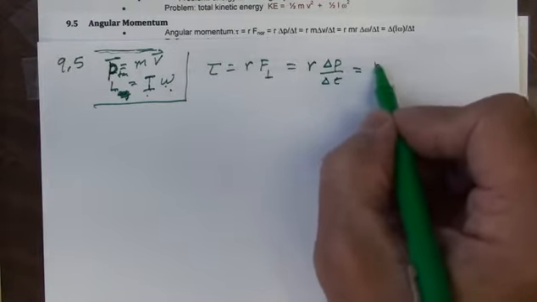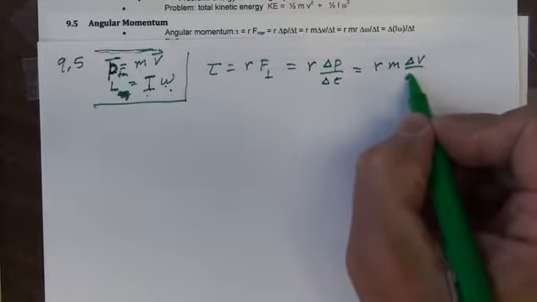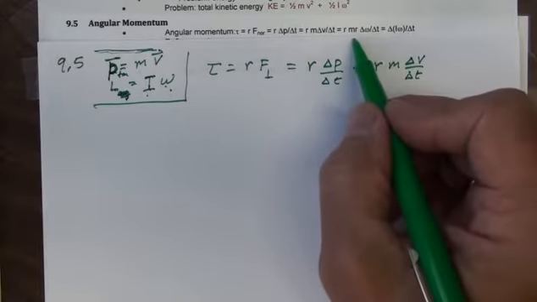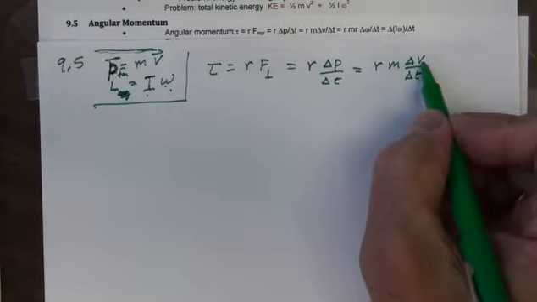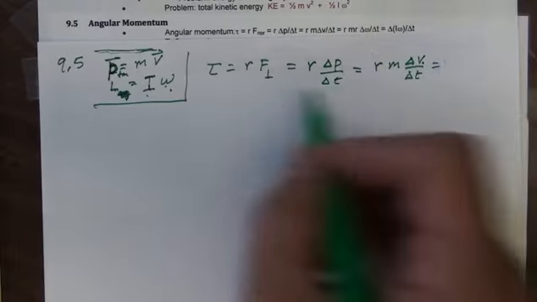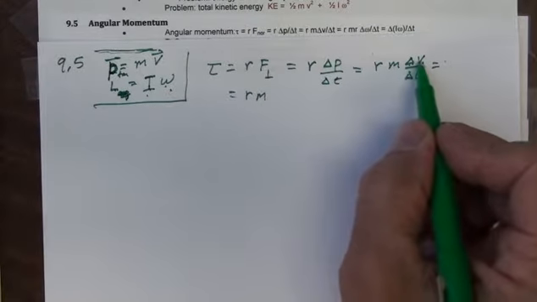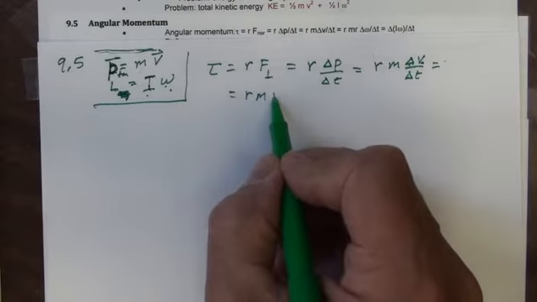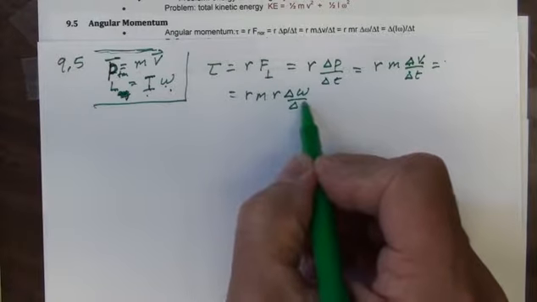Well, this is R times the mass times the change in V over the change in T, assuming that the mass is constant. So now we have a change in V, and we know what the change in V is. It's R times the change in omega. So this is equal now to Rm, and now this delta V, remember V is equal to R omega, so this is going to be R times change in omega over change in time.